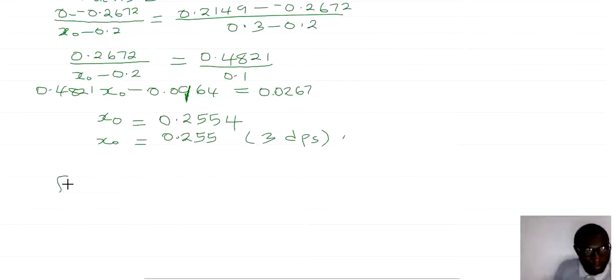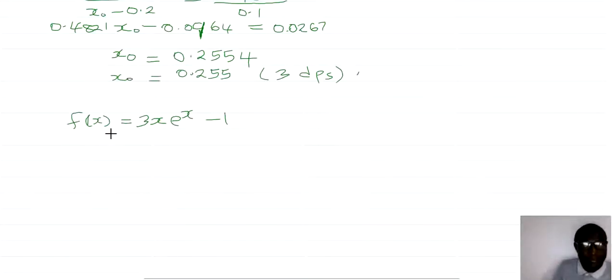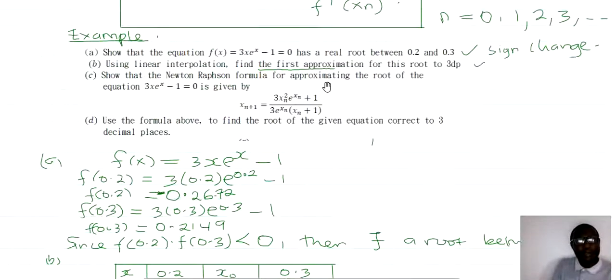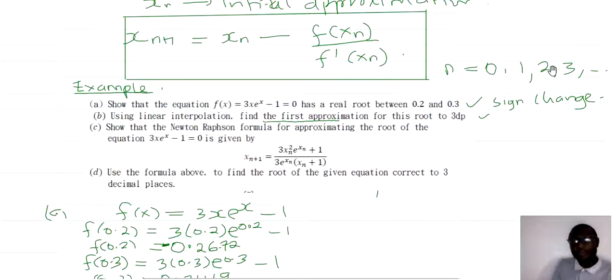We have been given that f(x) is equal to 3x exponential x minus 1. That is what is given to us. Now this here is a continuous function. To make it discrete, we are going to put in small n, subscript n, because you can see that n is taking on certain values which are 0, 1, 2, 3.